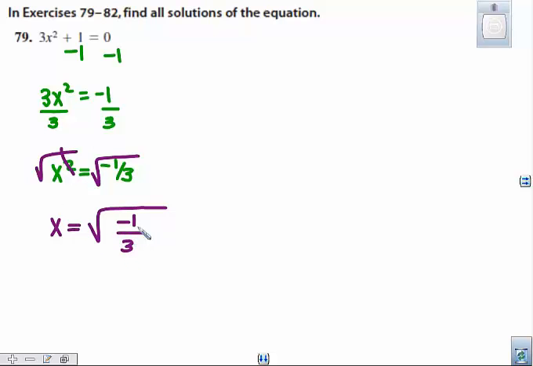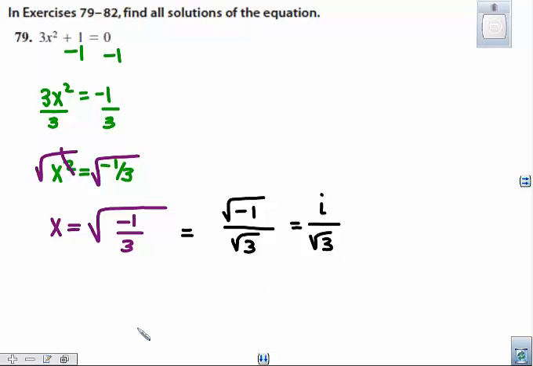Okay, we didn't go over one that was reducing a fraction, so make sure you're paying close attention. This is the same thing as square root of negative 1 over square root of 3. Okay, we can split the fraction. This would be i, because the square root of 1 is just 1, and the square root of the negative is i, over square root of 3.